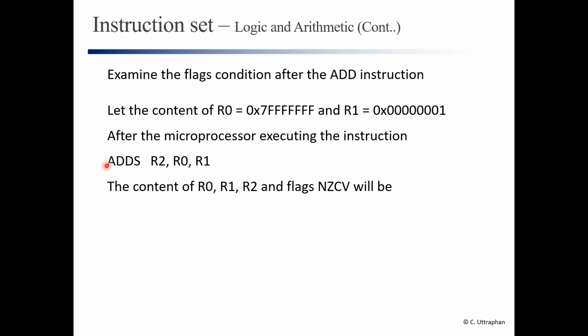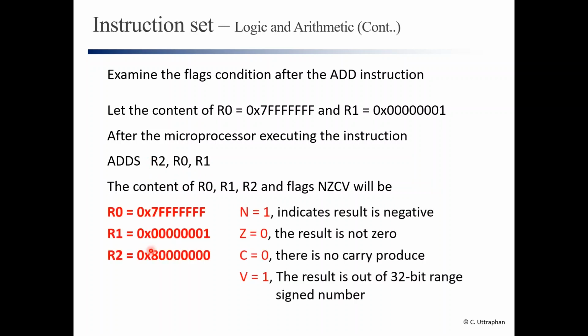Given the instruction as ADD R2, R0, R1, where the content of R0 is added with the content of R1, and the result will be stored in R2. After the add, R2 will have hex 80000000. And the value of flags are as follows. N equals 1, Z equals 0, C equals 0, and V equals 1.